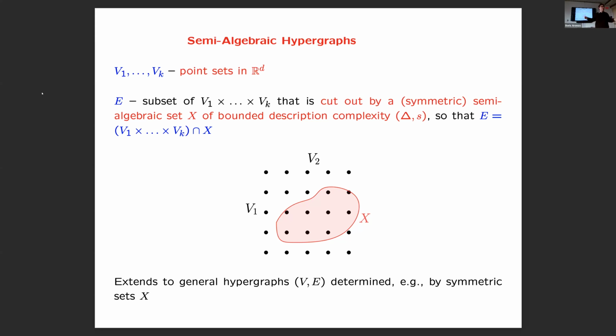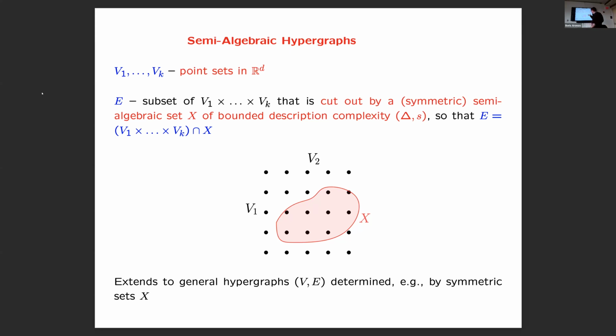Of course, each of these hyperedges is a k-tuple of vertices, and we want to know which of these k-tuples are in and which are out. By the way, it's not very important that some points can belong to several of the sets, especially in the k-partite setting.